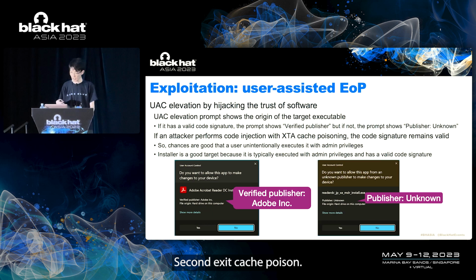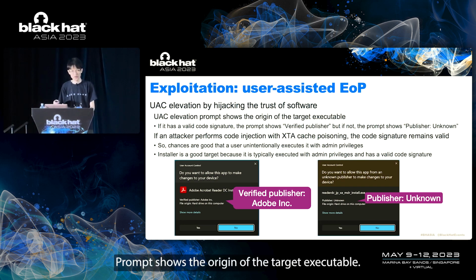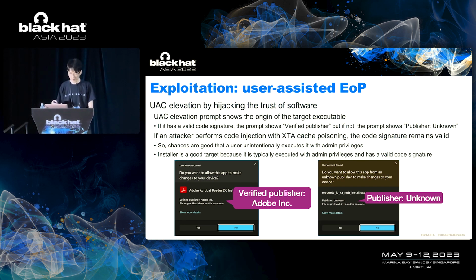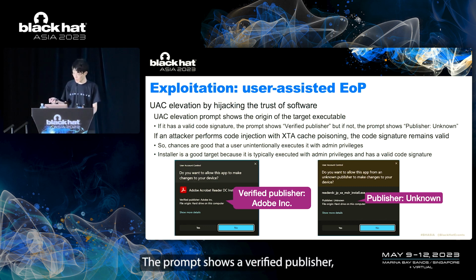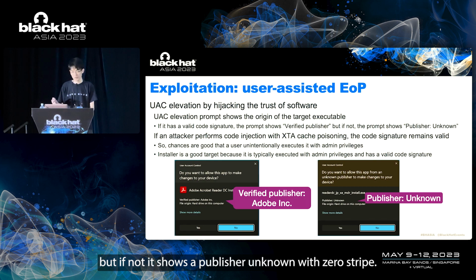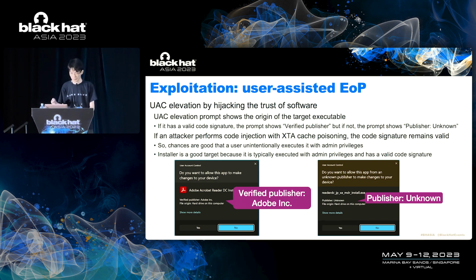Second, XTA cache poisoning can be abused for user-assisted elevation of privileges. The UAC elevation prompt shows the origin of the target executable. If it has a valid code signature, the prompt shows the verified publisher, but if not, it shows publisher unknown with a yellow stripe.